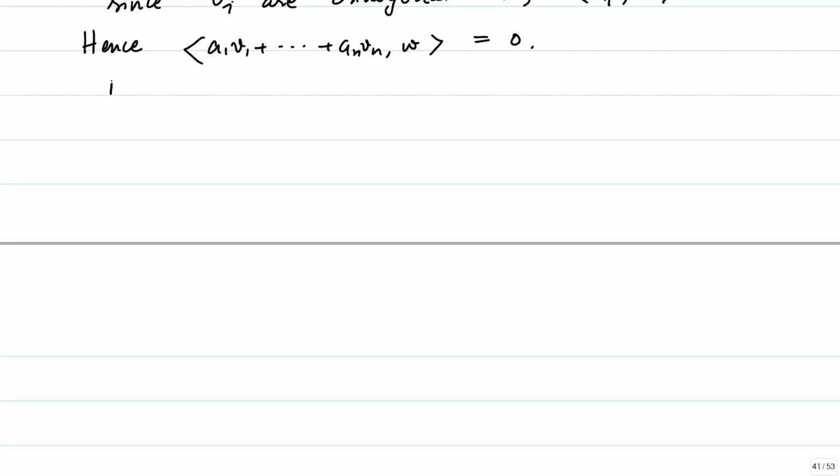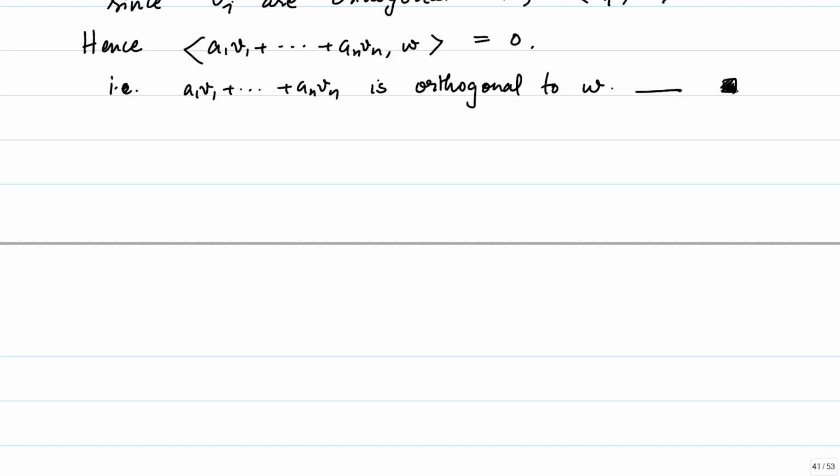Hence, by definition, a1 v1 plus up to an vn is orthogonal to w. So we have proved the result.